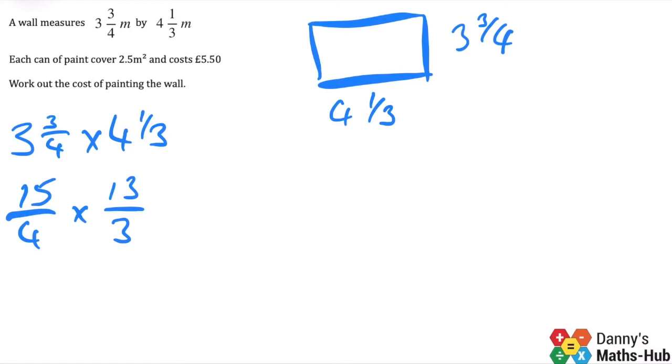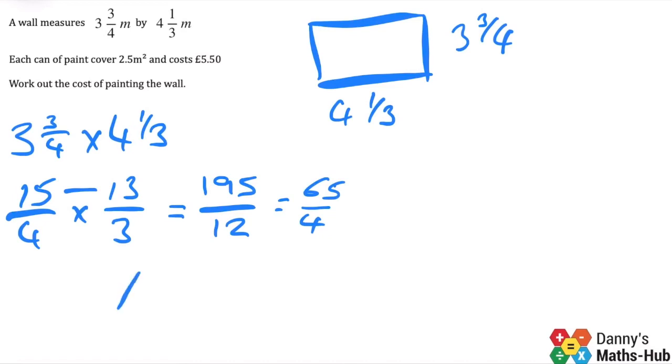Now if we multiply these together, 15 times 13 is 195. And 4 times 3 is 12. These are both multiples of 3, so we can simplify this down to 65/4 to make it a little bit easier to work with. How many 4s go into 65? 16, remainder 1. So we know our wall is 16 1/4 meters squared in size.